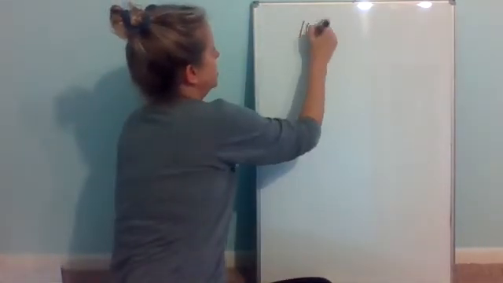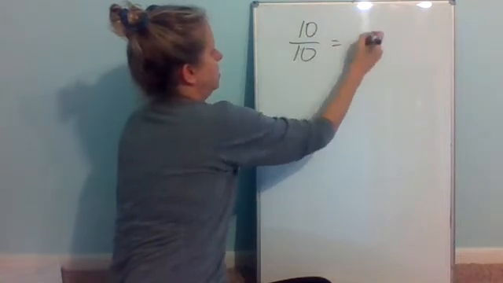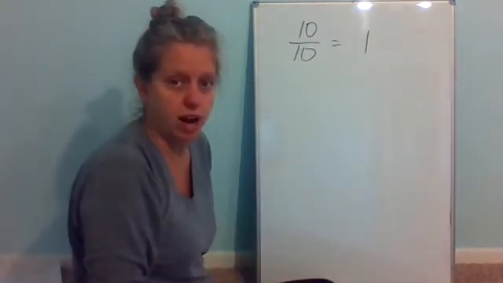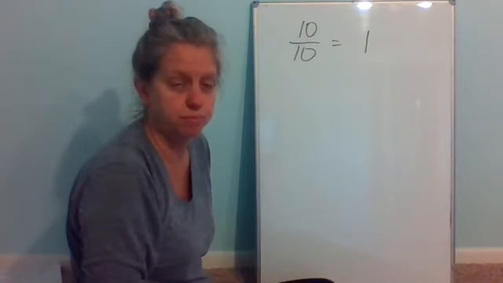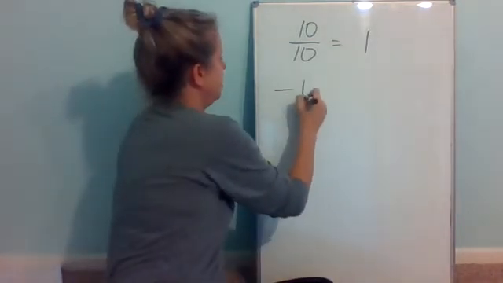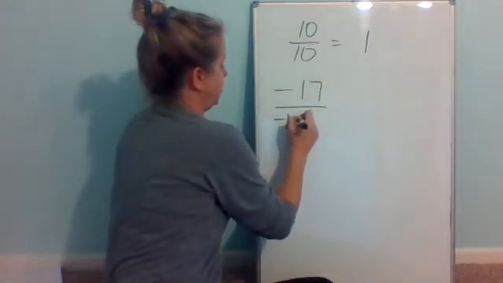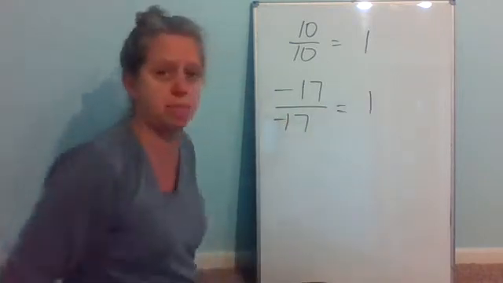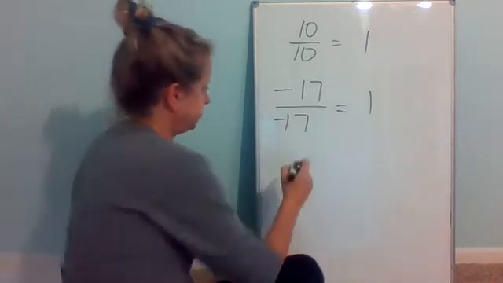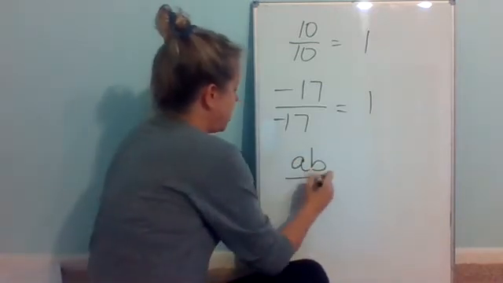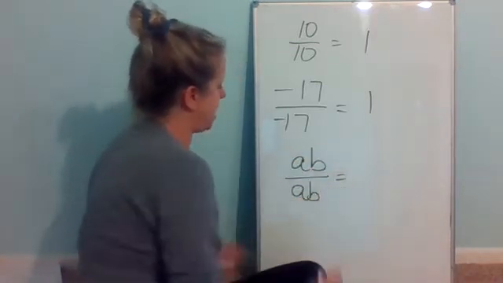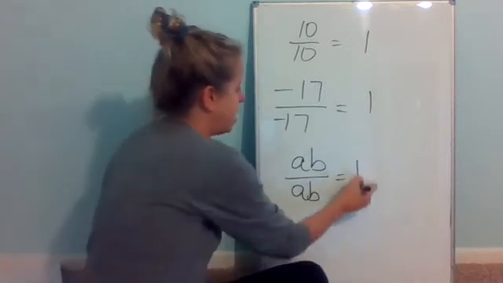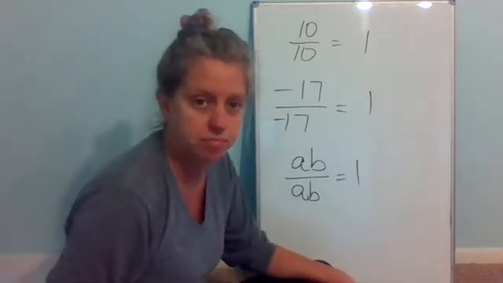So let's see, 10 over 10 equals 1, right? Anything over itself. -17 over -17. If it's exactly the same in the top and bottom, it is 1. AB over AB, exactly the same in the top and bottom, it's 1.